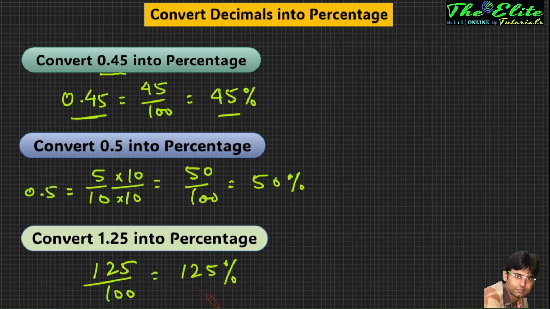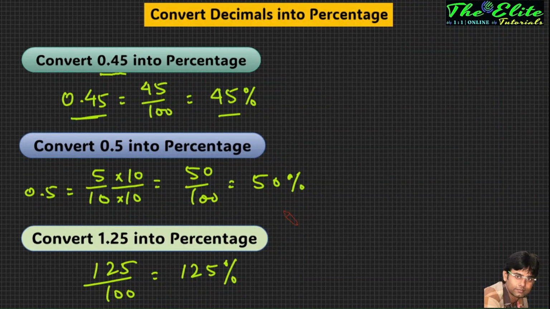That's it. So this is one way that we learned. Okay, we first converted the decimal number into the fraction, and then from fraction to percentage. Now suppose we have to convert it directly, then is there any method that we can convert directly from decimal to percentage? Yes, there is.